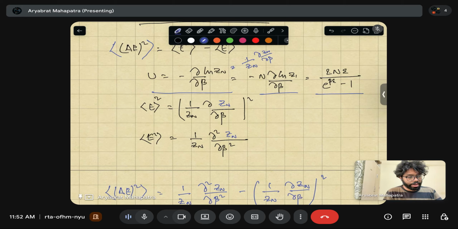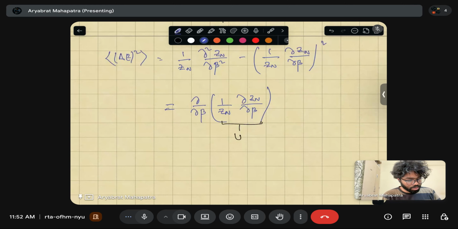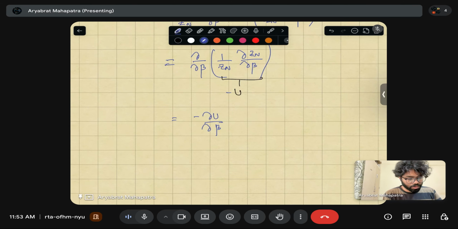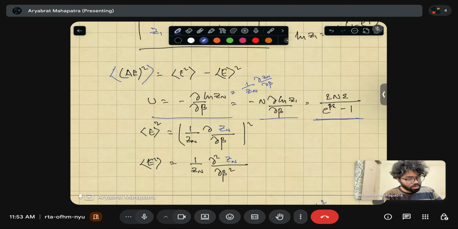If I don't write it in terms of the derivative of log Zn, then it would be just simply the derivative of Zn with respect to beta, but again divided by Zn. So this is basically minus u. So that is negative del u over del beta. Now it's just simple. We just got u. So this is our u.